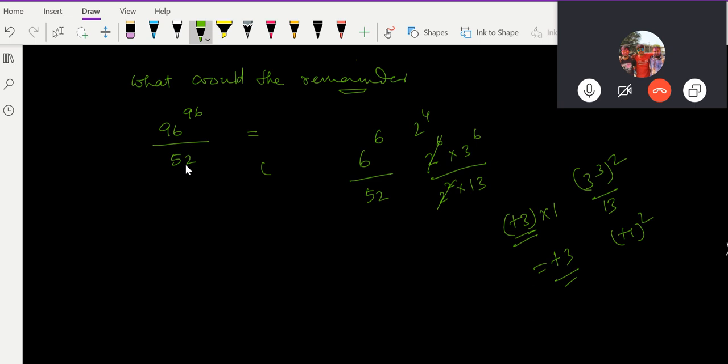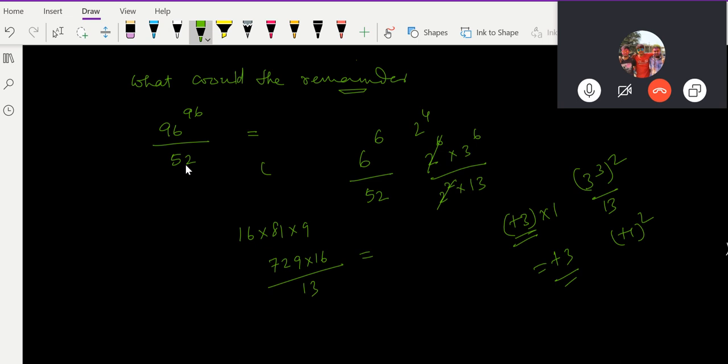If you still have doubt, you can go to the lowest level: 16 into 3 to the power 6, which is 81 into 9, right? Which is 729 into 16 by 13, right?